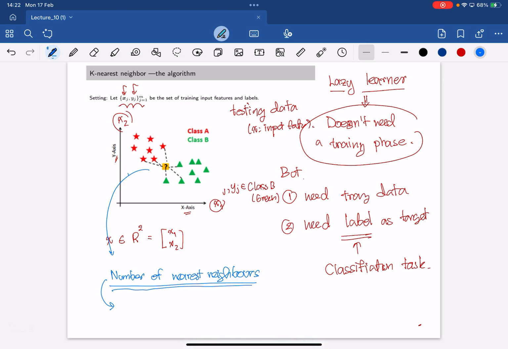So we will run this algorithm on the validation set, and we'll pick the number of nearest neighbors, maybe I'll just abbreviate it as N, to be the one with the lowest error on the validation set. So that's pretty much it about the k nearest neighbor.